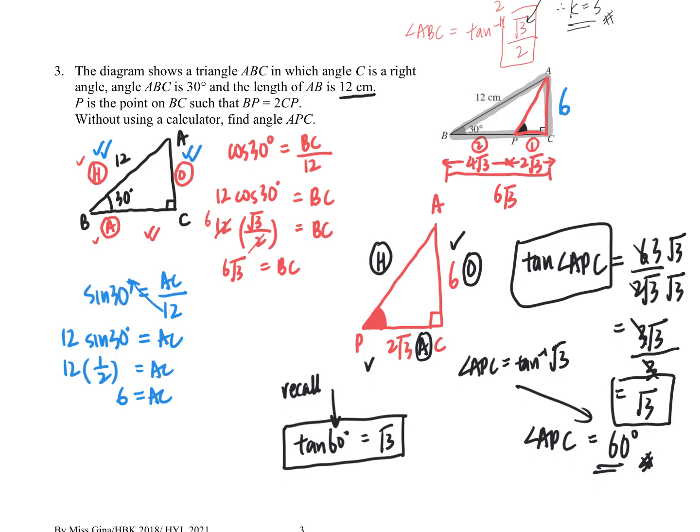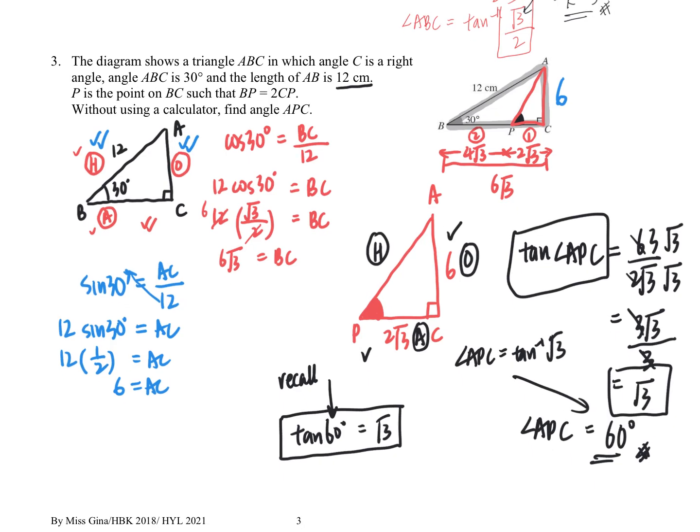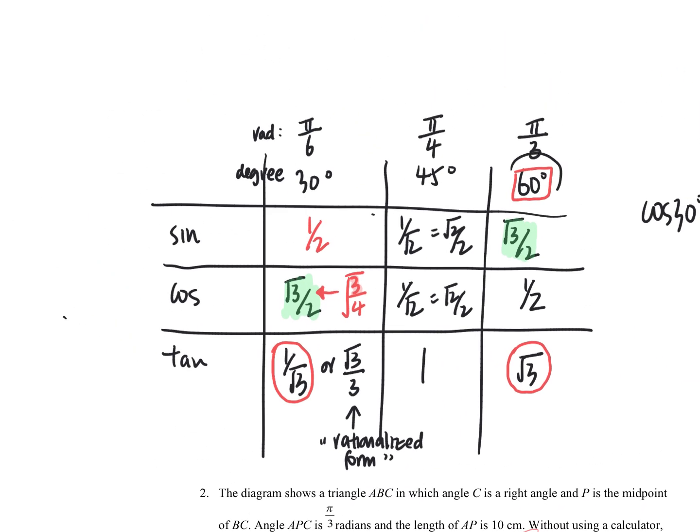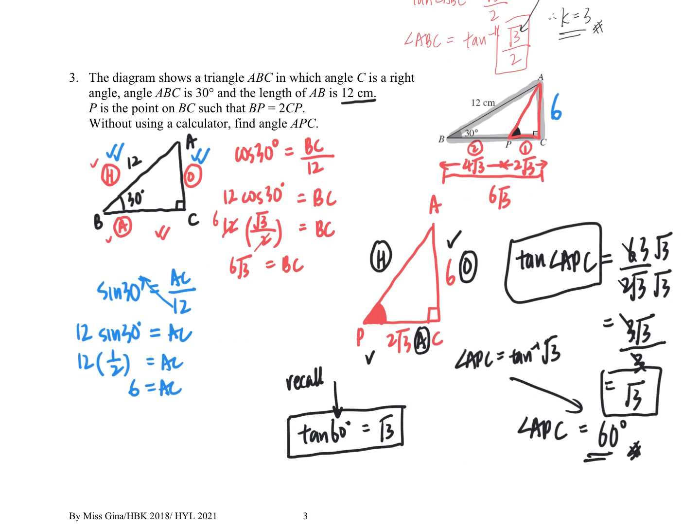How do you know tangent inverse root 3 is 60? If you memorize the table here, you know tangent 60 is root 3. So if you inverse it, the angle is 60 degree. So try to remember it. But if you don't want to remember it, can also use calculator. Anyway, there's only 3 angles to play with, 30, 45, 60. Okay?